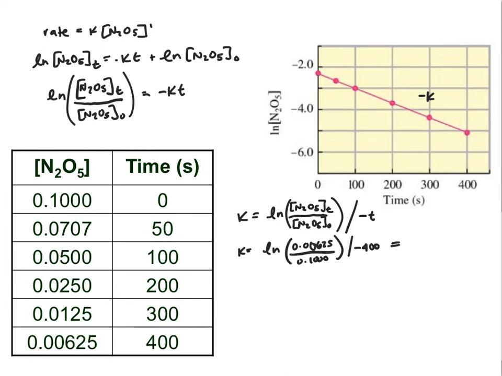Once we've done that, we're going to take the natural log of the ratio between our concentration at time 400 and our concentration at time 0, and divide by negative 400. That will give us 6.93 times 10 to the negative third inverse seconds. Okay, and this is going to be our constant for this reaction.